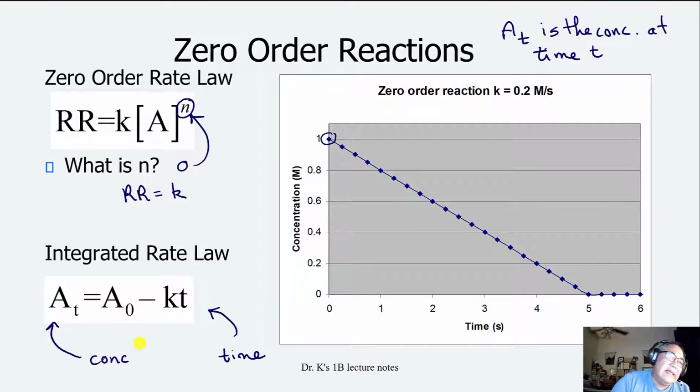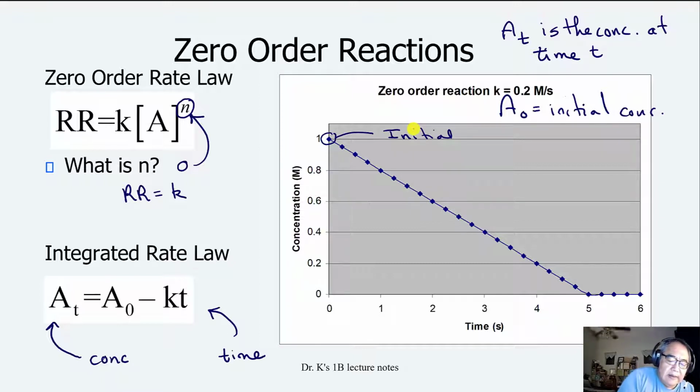Now, A sub 0 is the initial concentration, and so it takes this form of this equation. I started this graph off at 1 molar, so it'd be easy to look at.